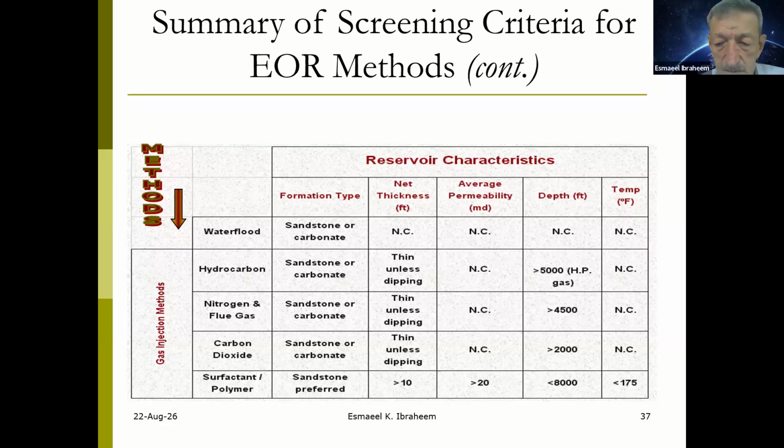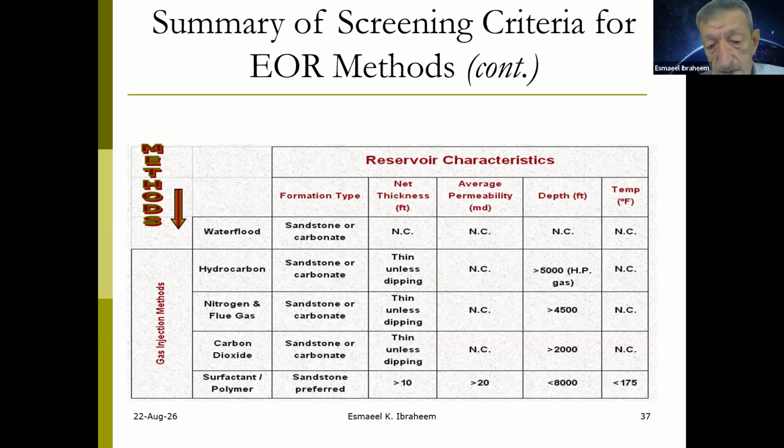In the case of nitrogen flue gas, preferable is sandstone or carbonate, thin and less dipping. Average permeability is not mentioned, the depth is more than 4,500 feet, and the temperature is not a problem or not one of the required characteristics.